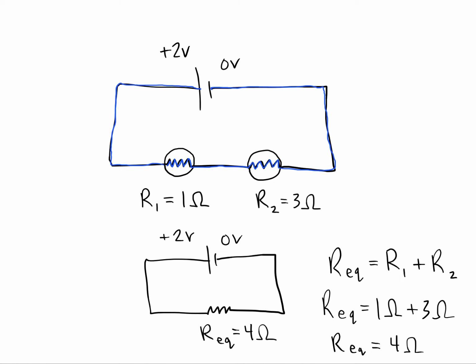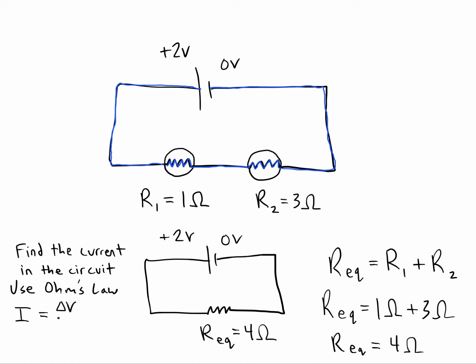Okay, what I would want to do now is find the current. For that, I'm going to use Ohm's law. I equals delta V over R. So it's 2 volts over 4 ohms.